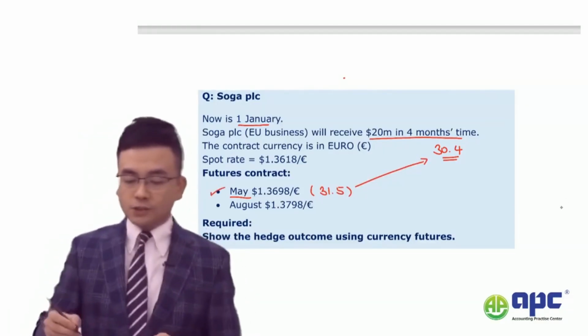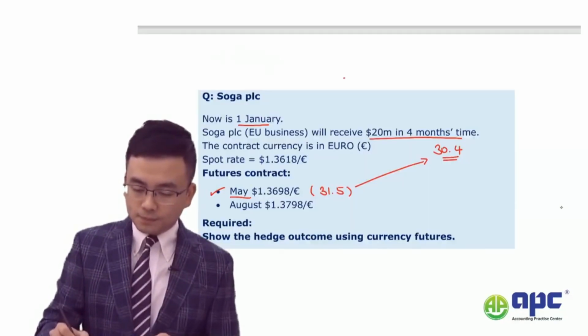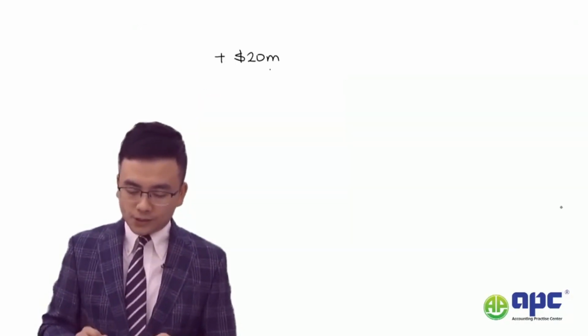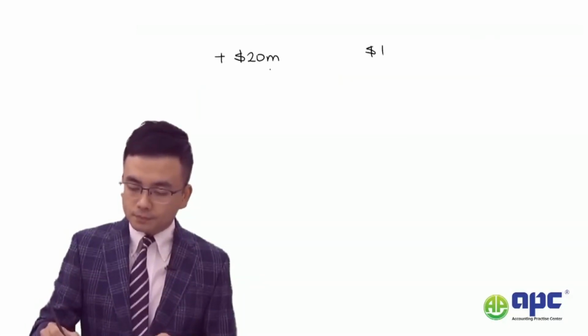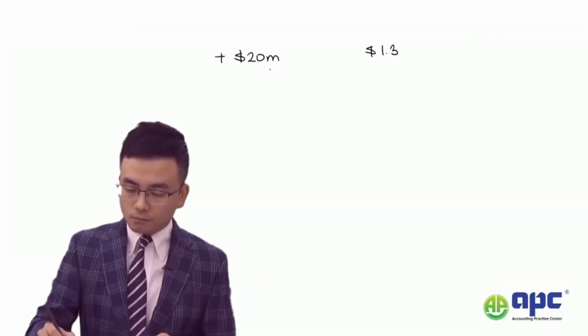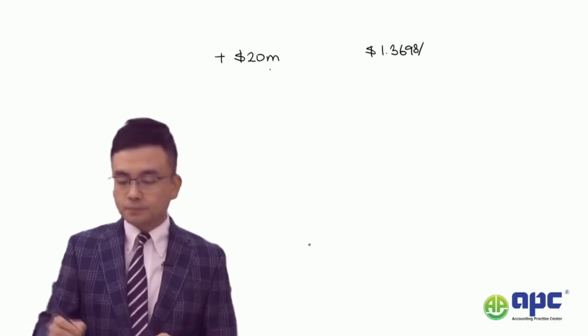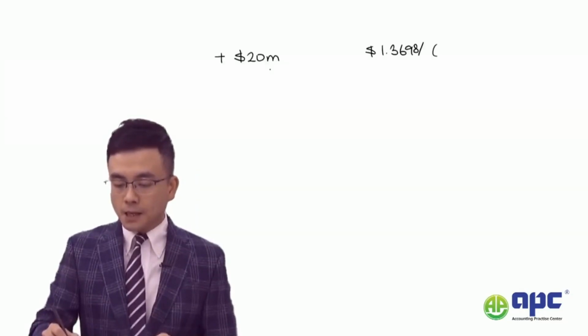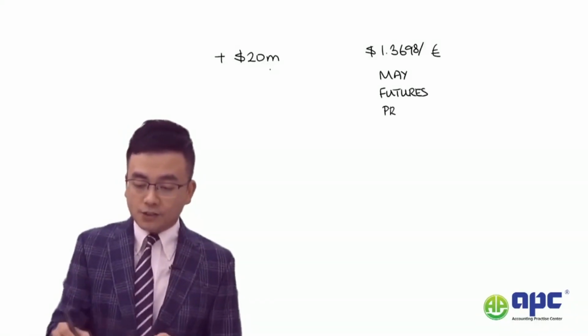So I will take that dollar 1.3698 per euro as the May futures price. Now, as you can see, the first currency is the same.